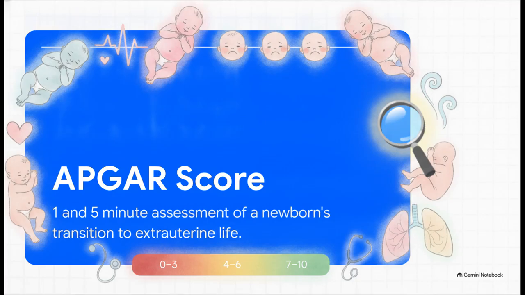The big why here is just to quickly figure out how well the newborn is transitioning to breathing actual air. So just know that a score of 7 to 10, they're generally doing great, but a 4 to 6 means moderate difficulty, they're going to need some support. And a 0 to 3 signals severe compromise, which absolutely demands immediate resuscitative measures. So is this baby transitioning successfully? Honestly, that is the only question that matters here.